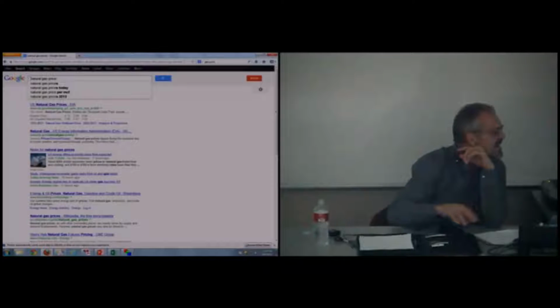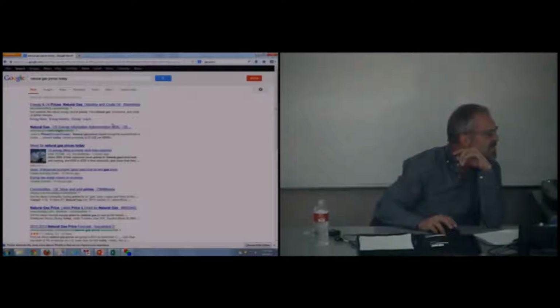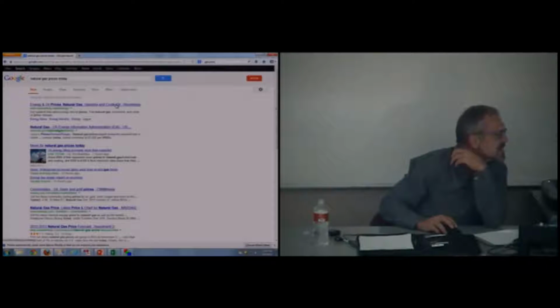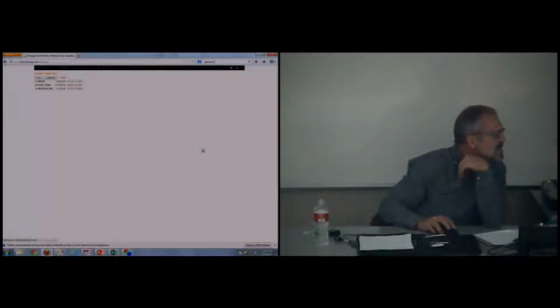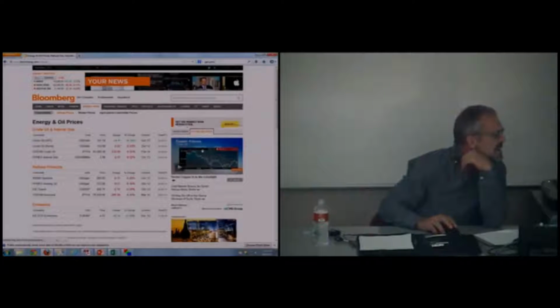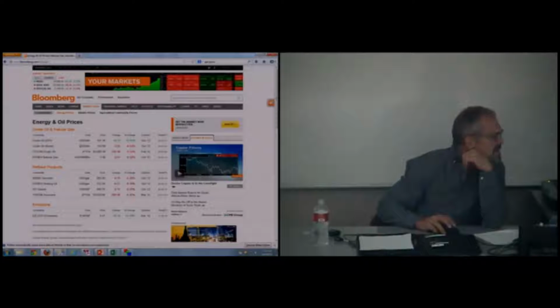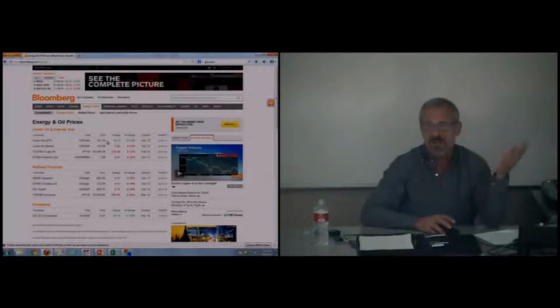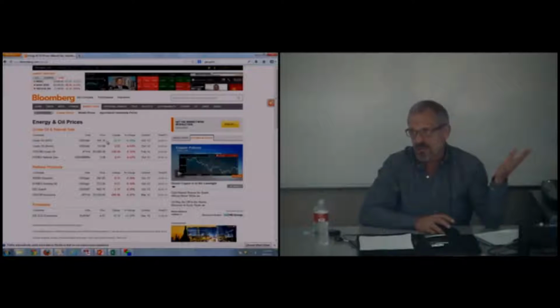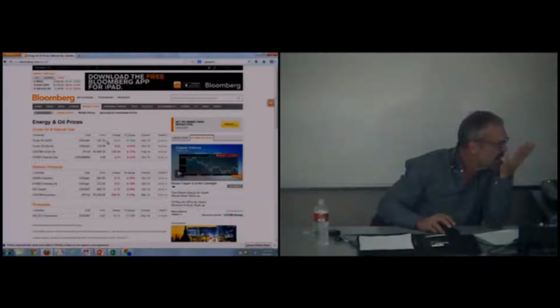But here's natural gas prices today. Okay, Bloomberg is a good source. And see what crude oil is, 100, for West Texas Intermediate it's 107. I'm telling you, guys, your careers are gonna be good.